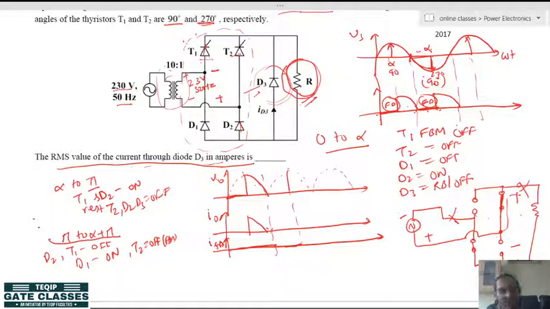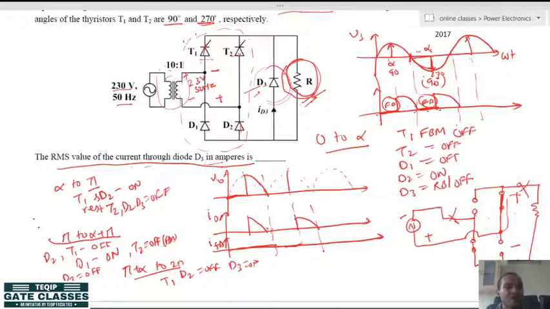From pi plus alpha to 2 pi, T1 and D2 are off, also D3 will be off. Again the output voltage will be there, but the freewheeling diode will not be working. That is why I told you, when resistive load is there, there is no question of working of the freewheeling diode.